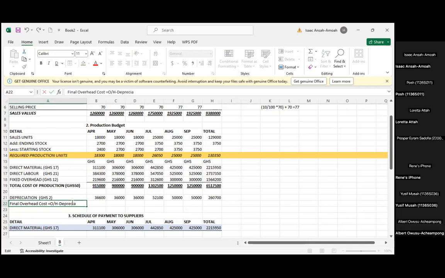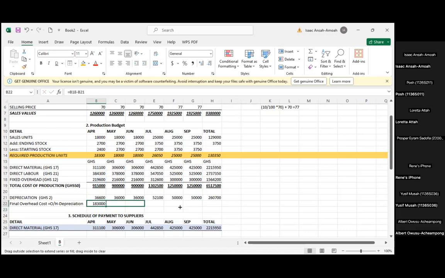I hope this is going to guide you enough. So my final overhead cost will be this minus all my depreciation for the respective periods. All right. So this is my final overhead cost for period 1, which is April.